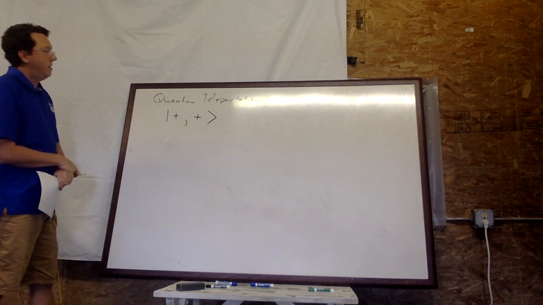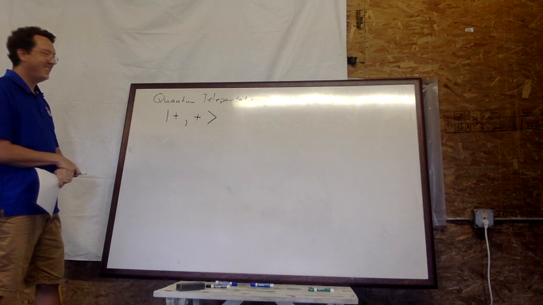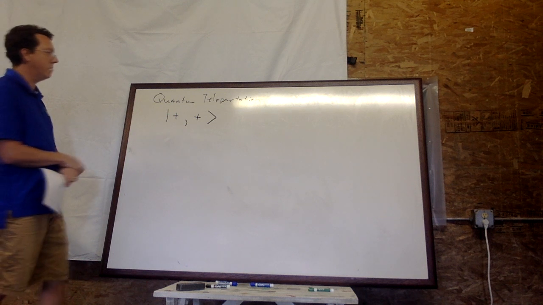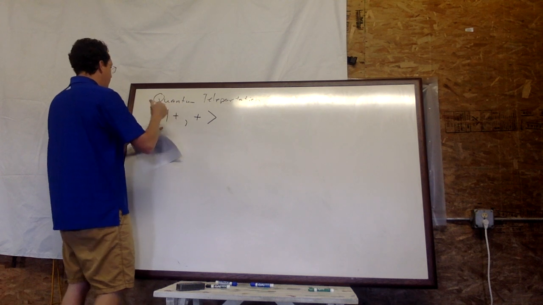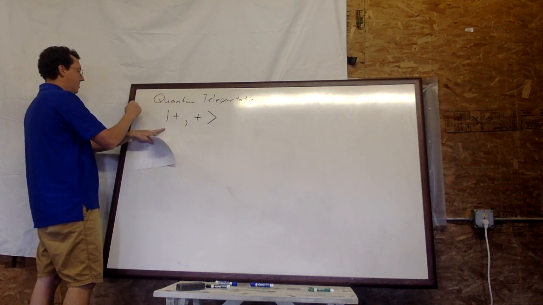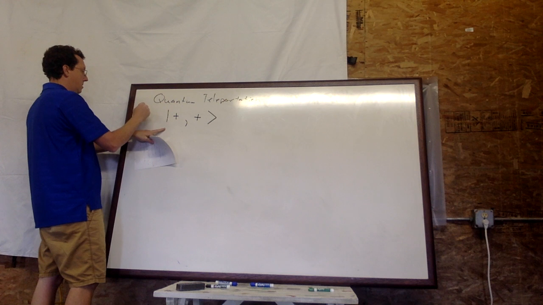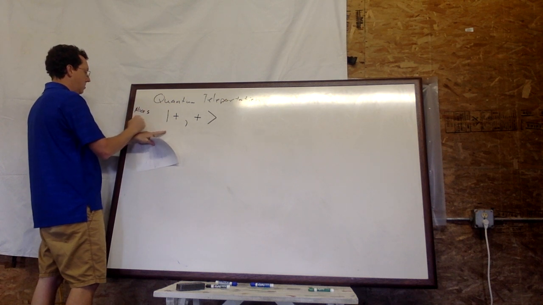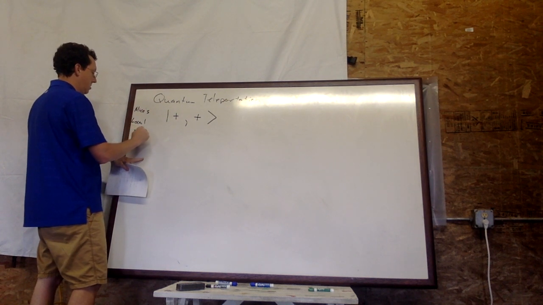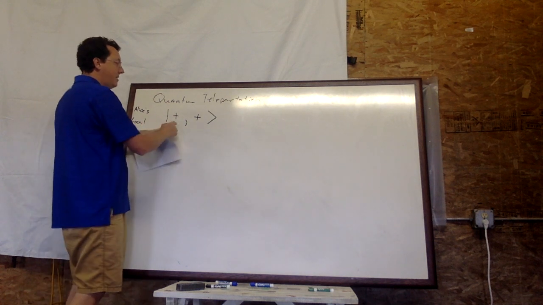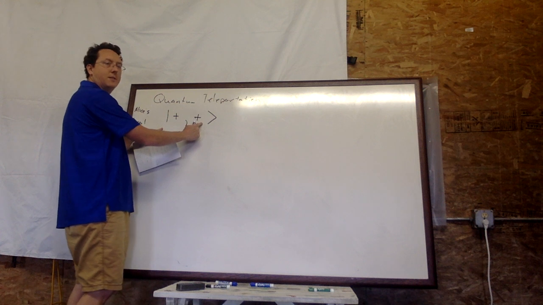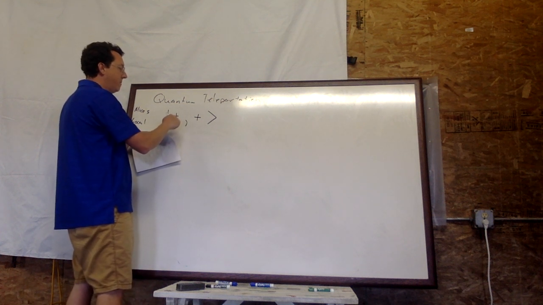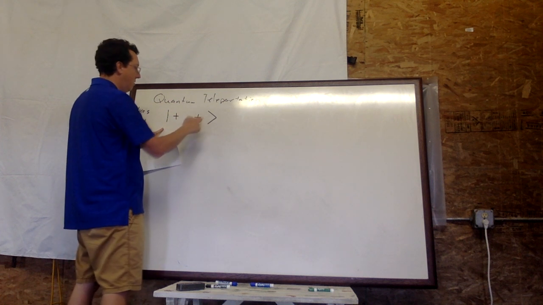This looks like the other one, but it's going to be a linear combination. These are states available to Alice. This is not plus z plus z. What this is, is plus OZ plus OX.